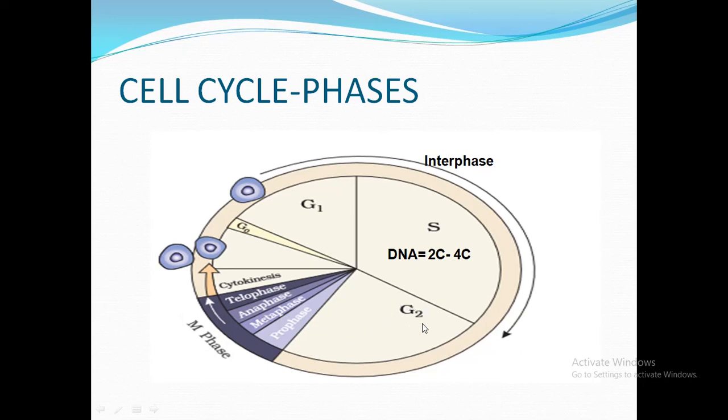So during G2 phase the proteins required for the next phase are synthesized, and it is checked whether DNA replication is completed and correct. If it is incorrect, then it is repaired in G2 phase. Now this is all about interphase.